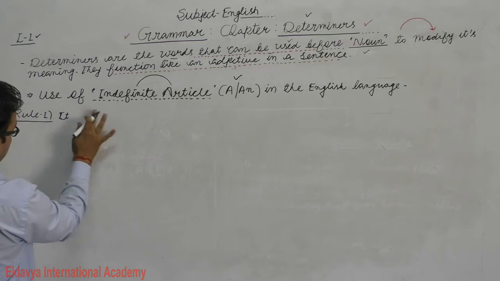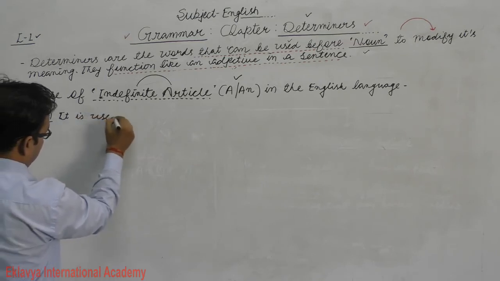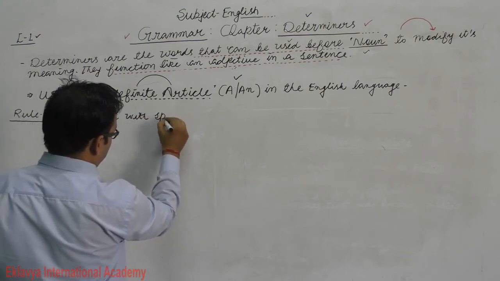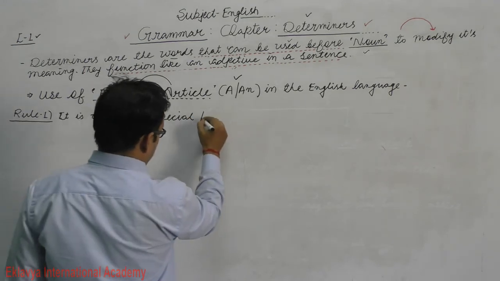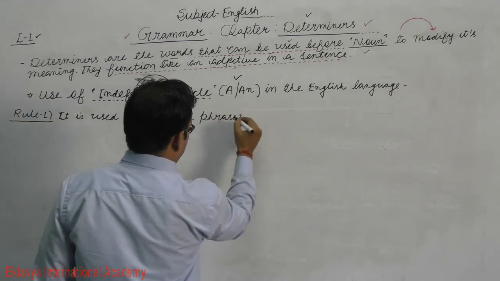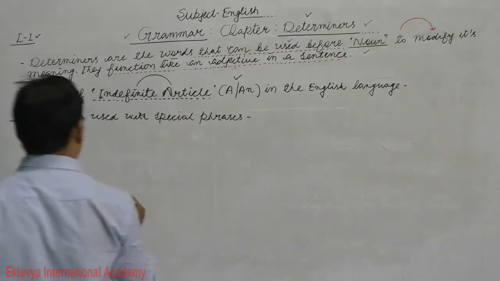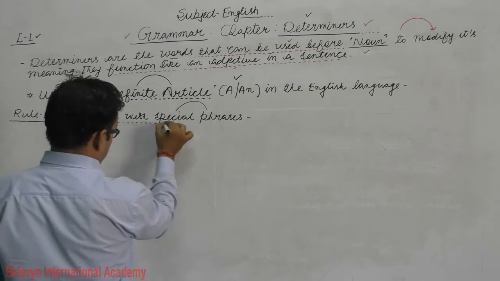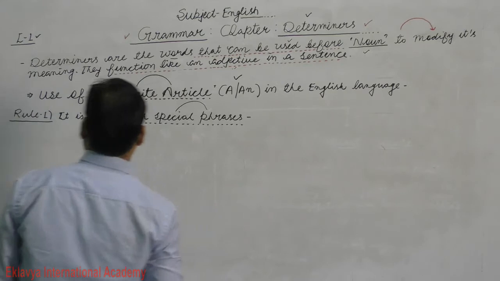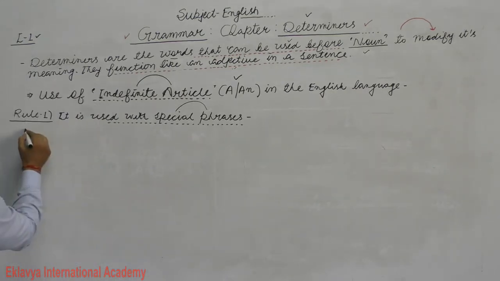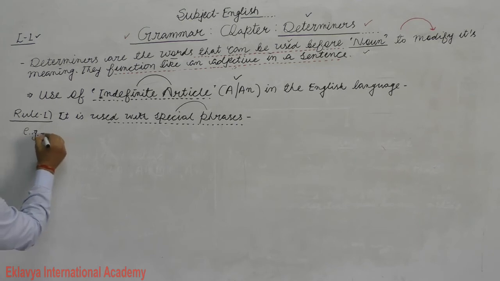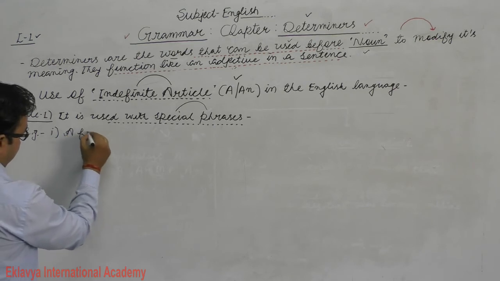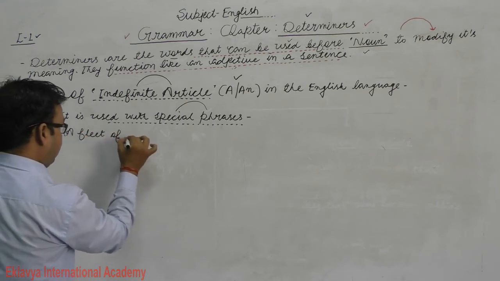It is used with spatial phrases. Rule number 1, spatial phrases कौन से हैं? Example number 1, a fleet of.